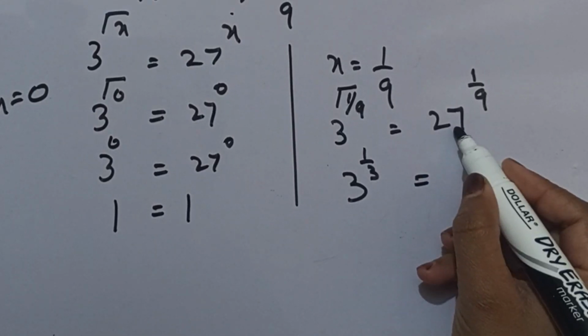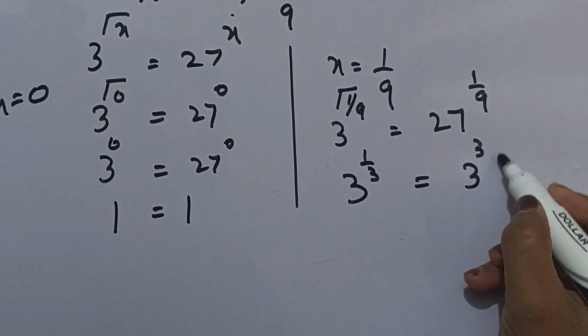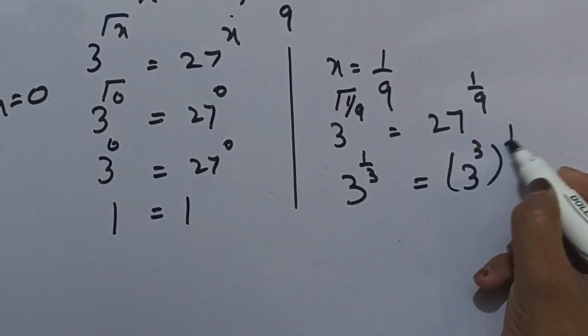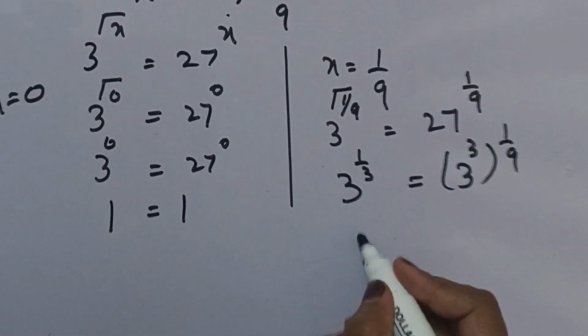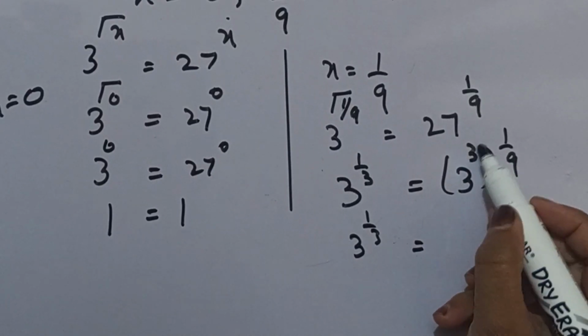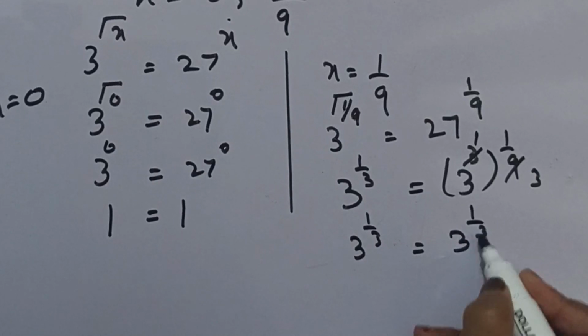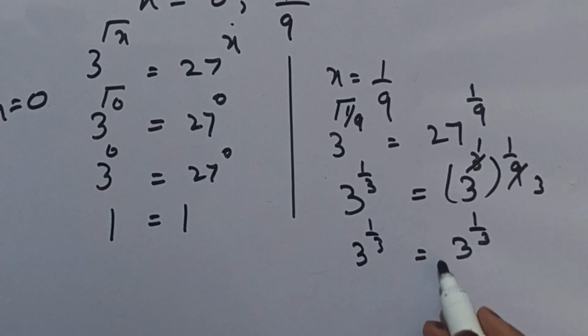And we write this 27 as 3 raised to the power 3, and its power is again 1 over 9. Now this is 3 raised to the power 1 over 3, and look at this, 3 ones are 3 and 3 threes are 9. Then we get 3 raised to the power 1 over 3. In this case, left hand side is equal to right hand side.